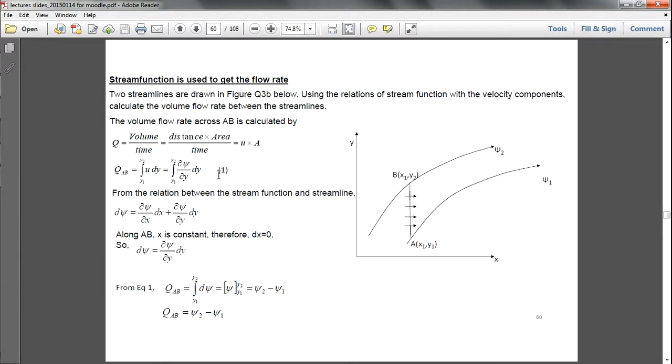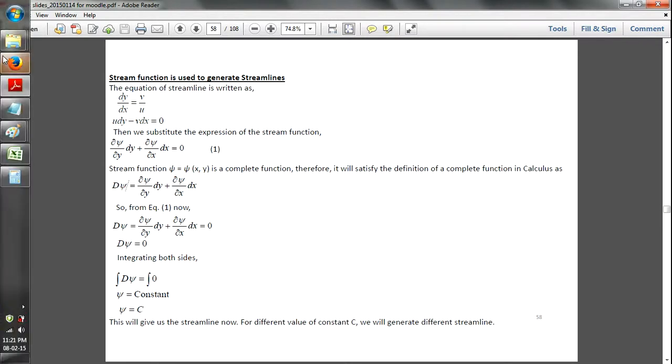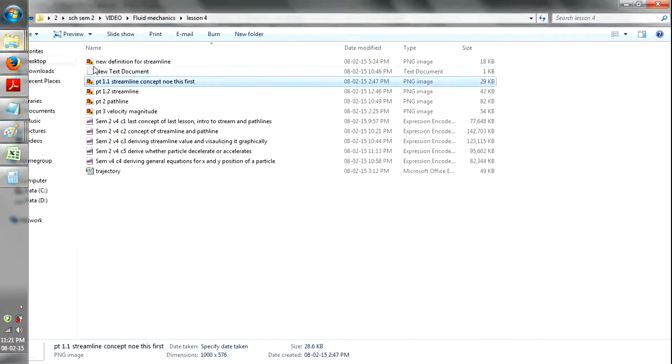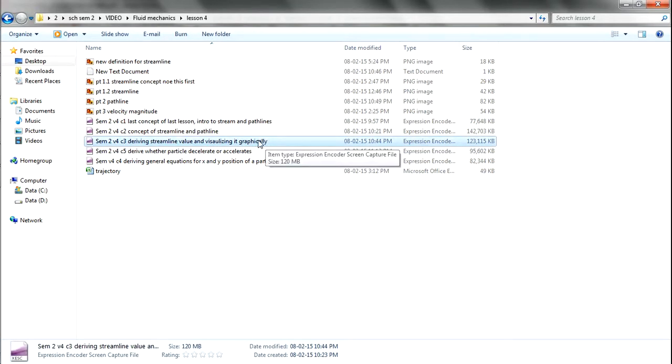Okay, a bit tired already. So we don't do integration. They didn't ask us to. But as you remember, there is this equation that comes in all along. If you don't understand, you just head back to my video on streamline value and visualizing it.